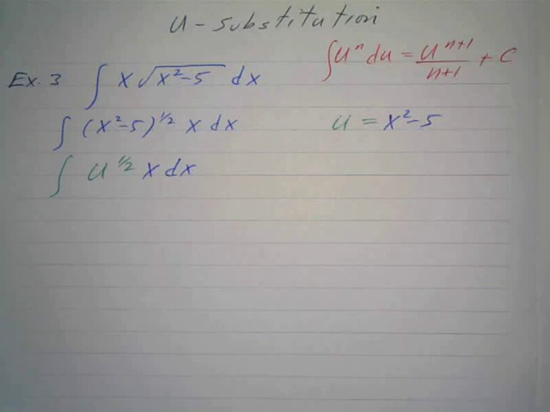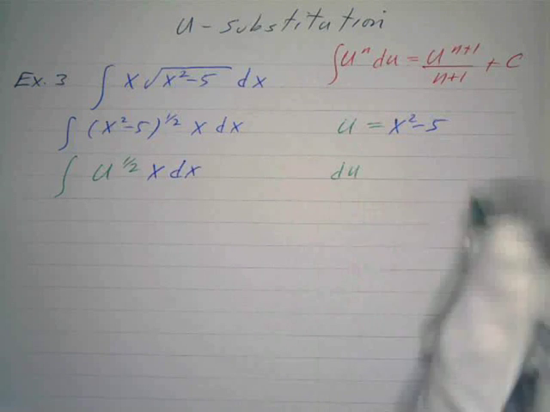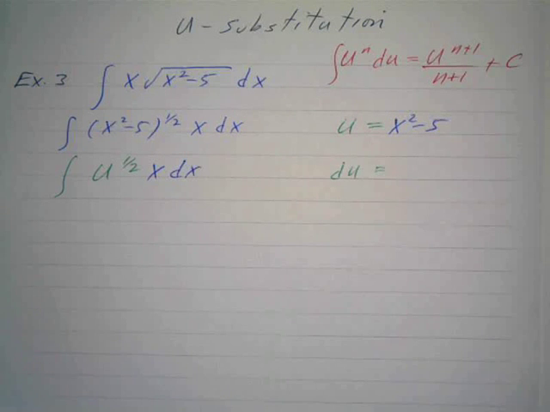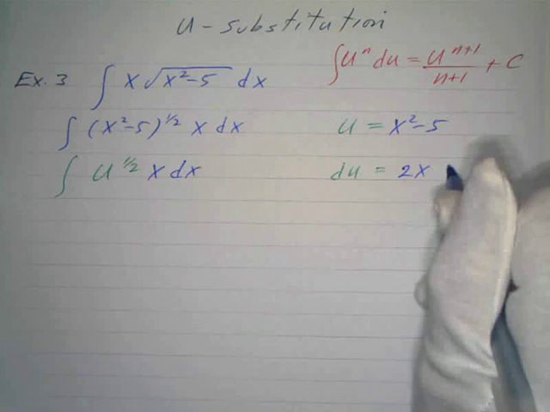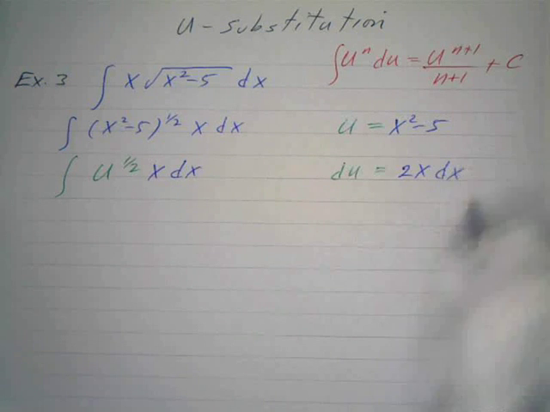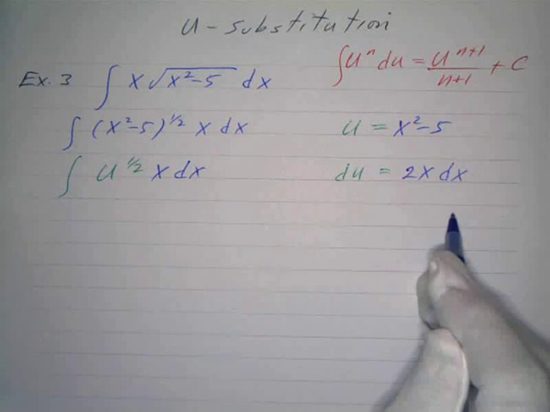So let's see if we can find out what du is. We'll take the derivative of both sides, and this is going to be 2x dx. Now remember, it's really du/dx equals 2x.